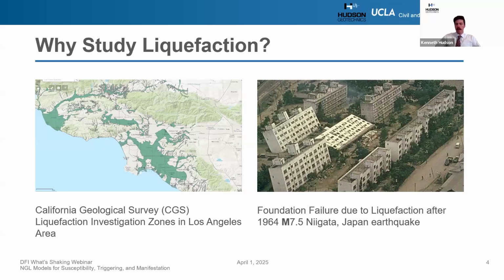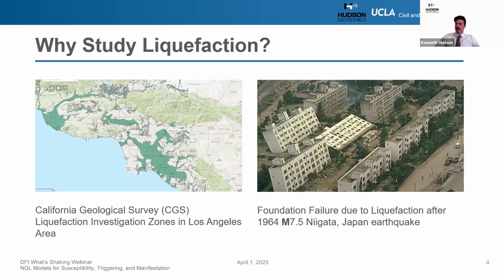And not only that, but it has really devastating consequences when it occurs. I put up the famous picture from the 1964 Niigata, Japan earthquake, where buildings that performed very well structurally during the earthquake failed geotechnically because of the strength loss due to liquefaction underneath their foundations.